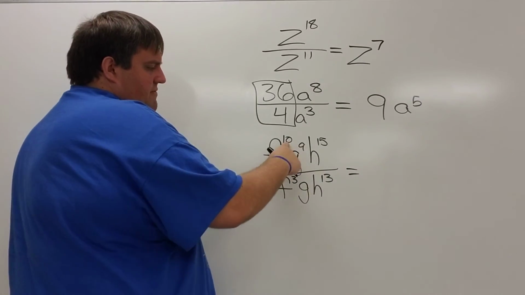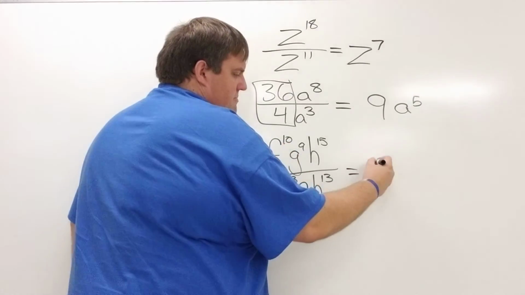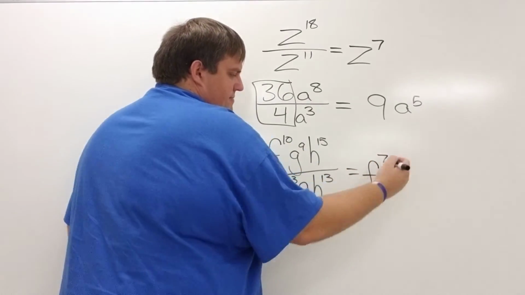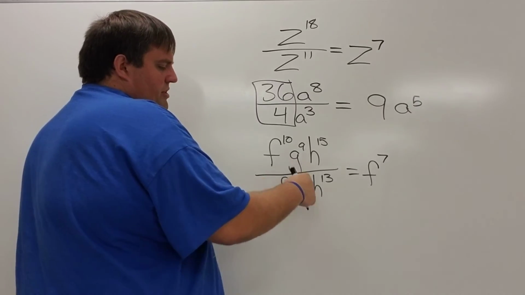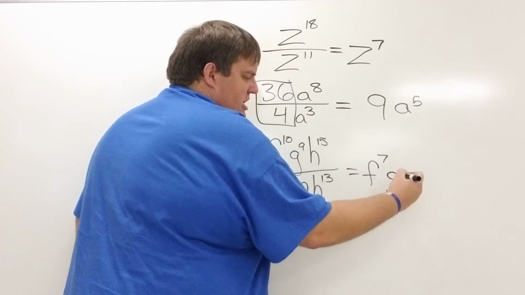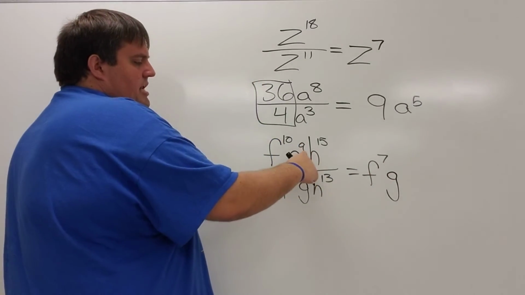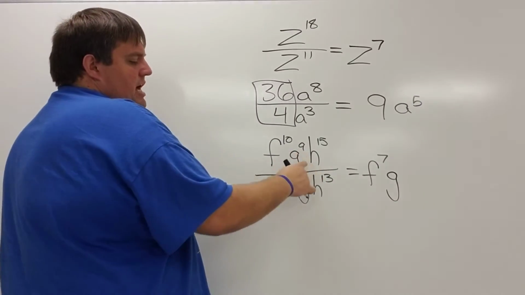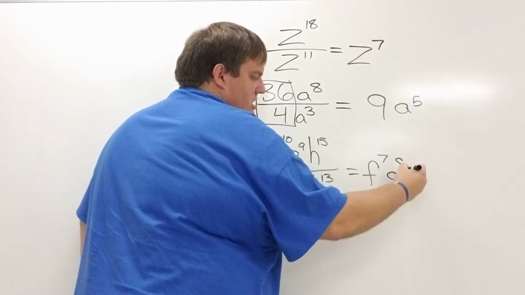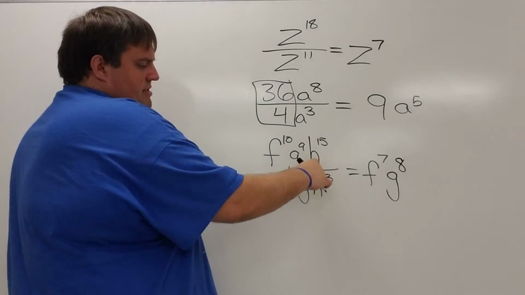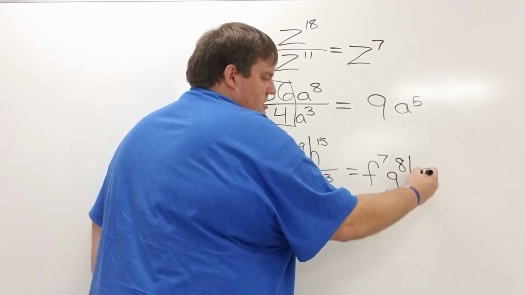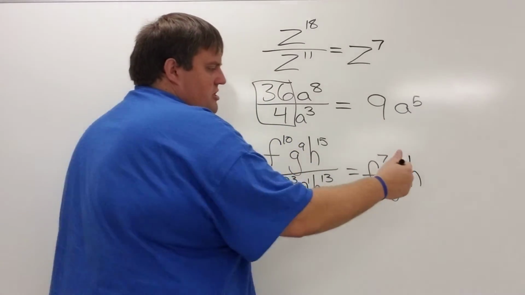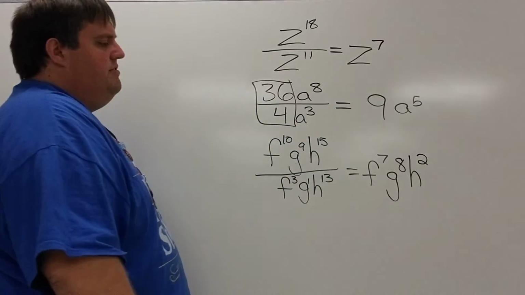Here's an f, here's an f. 10 minus 3, that's going to give me f, keep the base, to the 7th power. Work with the g's. They both have a g, we keep the base. 9 minus, what's really on this g? Really a 1. 9 minus 1 would give me g to the 8th. Now I got h's. 15 minus 13, we keep the h. That's going to be 2 h's left.